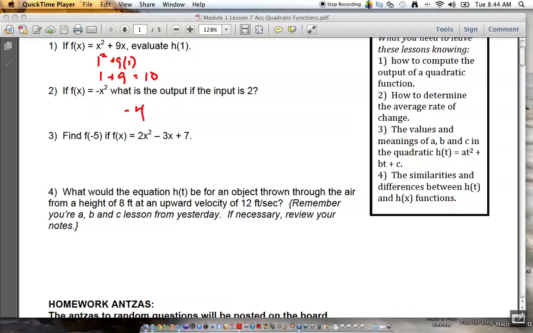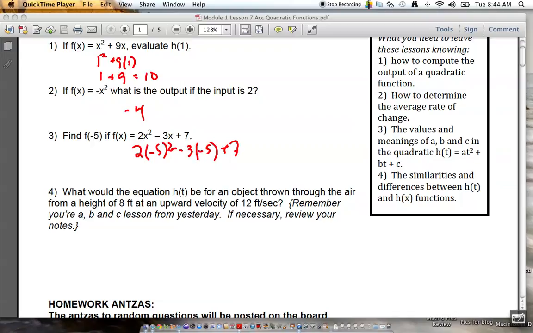Okay? And that leads us to the next question, which is a similar concept. When it says here, f of x is 2x squared minus 3x plus 7, this says you take the input, because x is the input, first you square it, then you multiply by 2. Then you do minus 3 times the input plus 7. So this is 2 times negative 5 squared minus 3 times negative 5 plus 7.